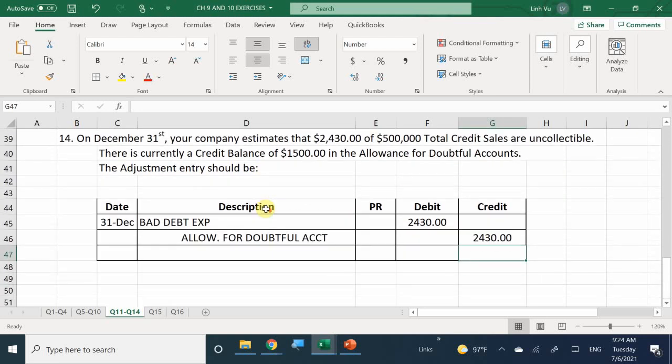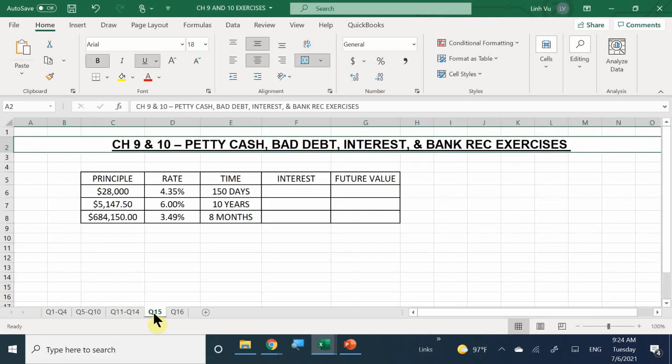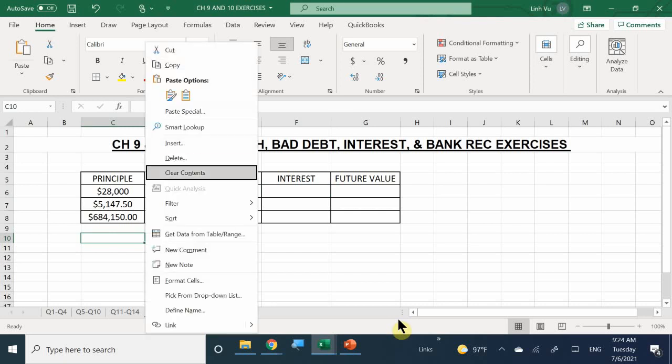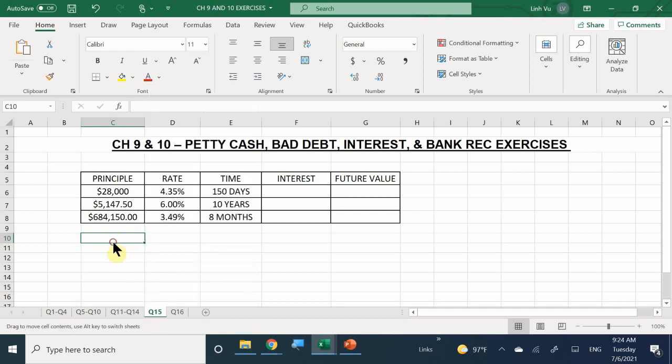All right, so there you go. Question 15. Here, I believe we're going to be practicing our simple interest. Do you guys remember what the simple interest formula is? How do you solve for interest under the simple interest calculation formula?